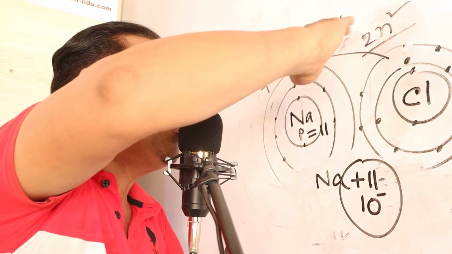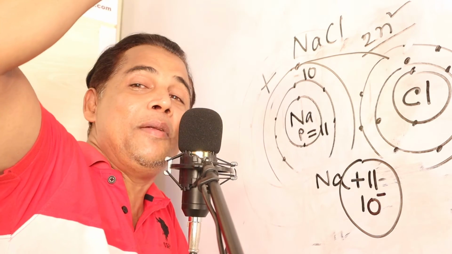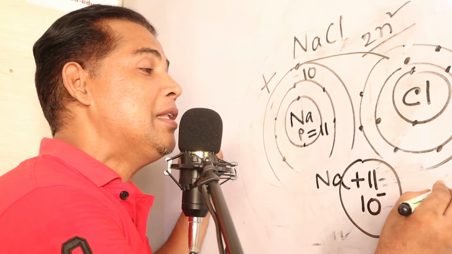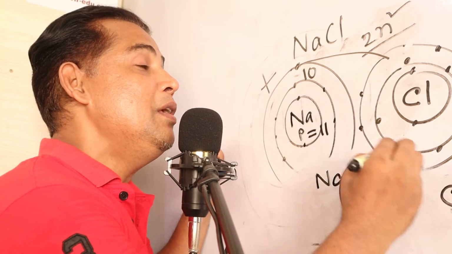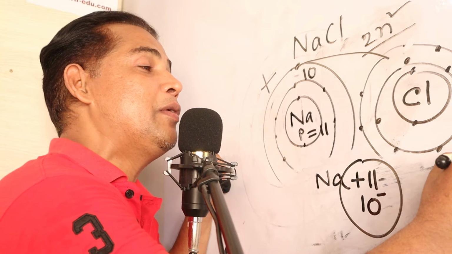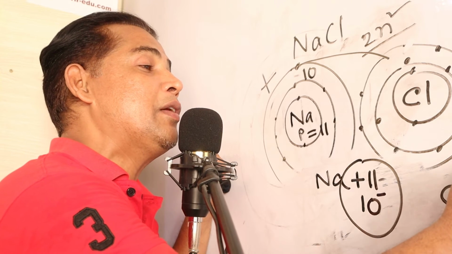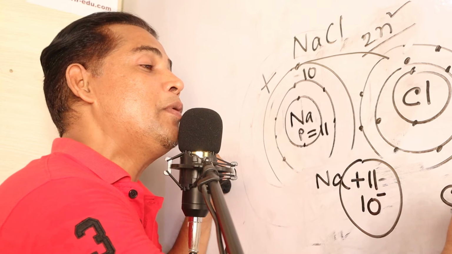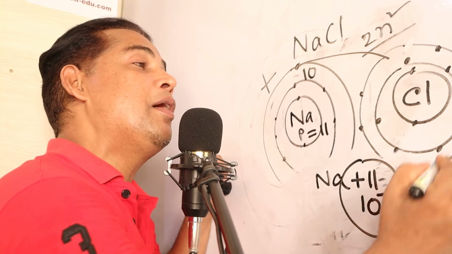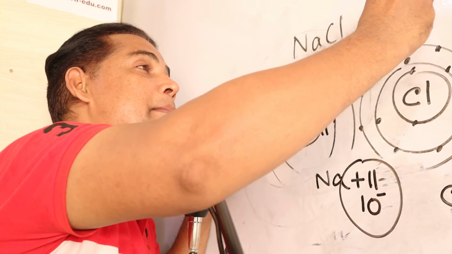So after giving, the sodium signboard becomes plus, and after receiving, chlorine has more electrons. Now instead of 17 electrons, chlorine has 18 electrons and protons remain the same, 17. So the signboard of chlorine should be minus.